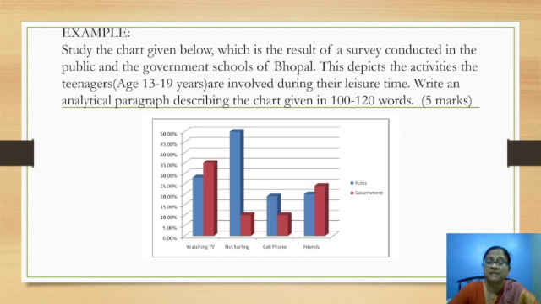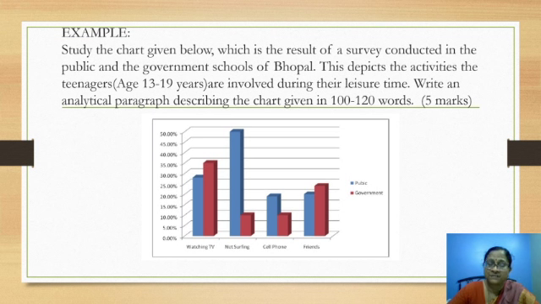Now, study the given graph very thoroughly and sincerely. The blue bar depicts the activities of the children reading in public school, while the red one depicts the activities of the children reading in government school.